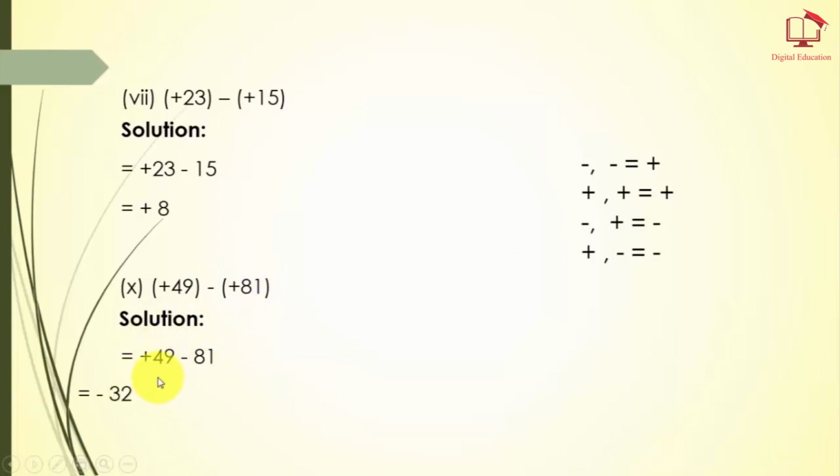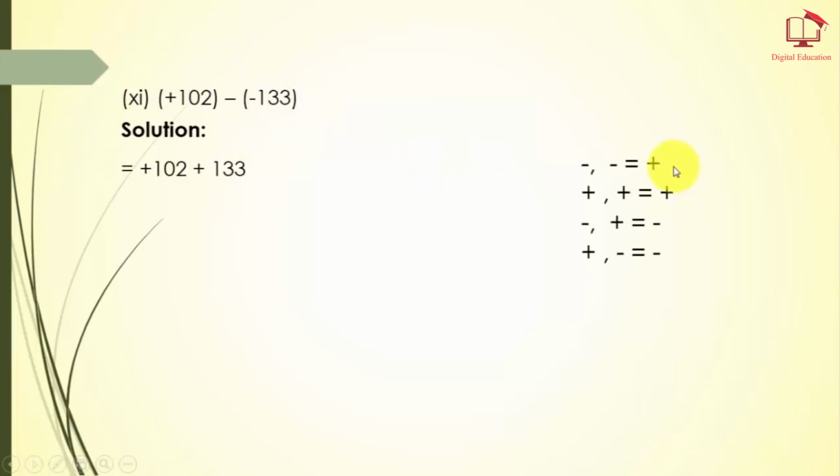Now again positive negative we have negative, and which one is greater? Yes, you know that 81 is greater and it has a negative sign, that is why we write negative. And if we subtract these two integers, we get minus 32.